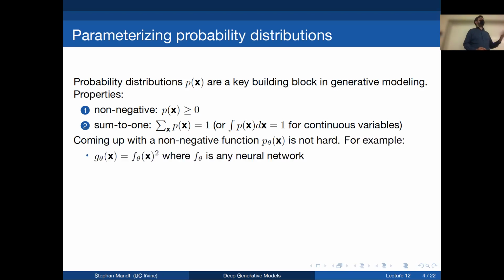For example, we learned about different tricks to ensure positivity of a neural network. You could just square the output of some function f and call that g. Then by construction, g can never have negative values, so potentially you could use g to parameterize a probability density over x.